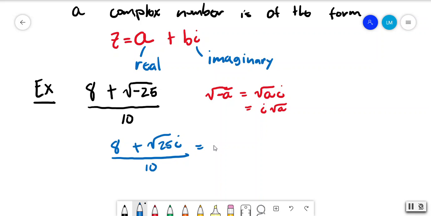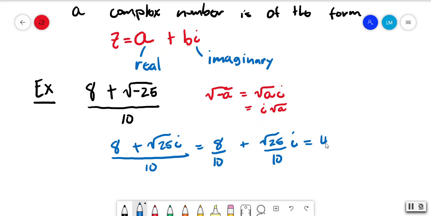But notice this. If we split it up, we have 8 over 10 plus the square root of 25 divided by 10, and we have an i right there.